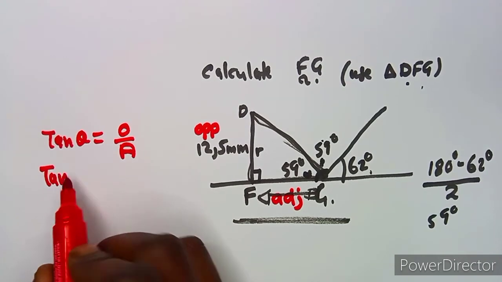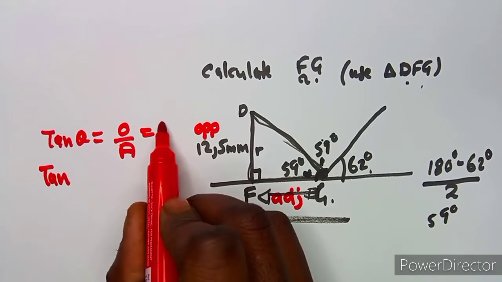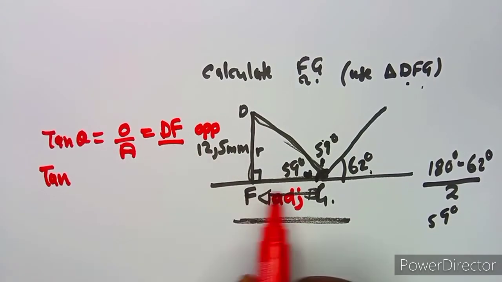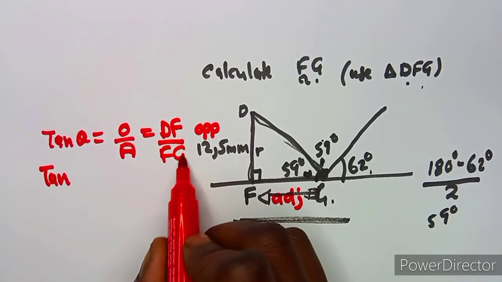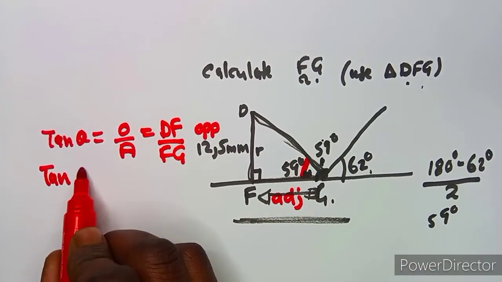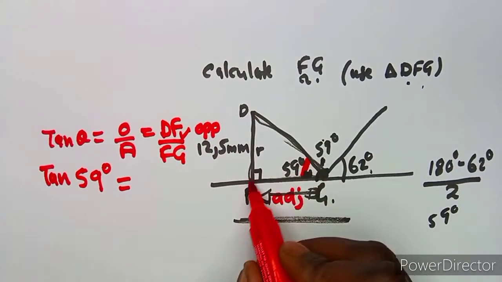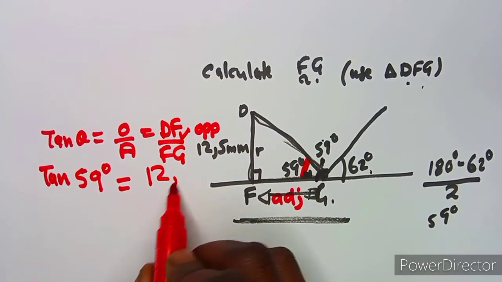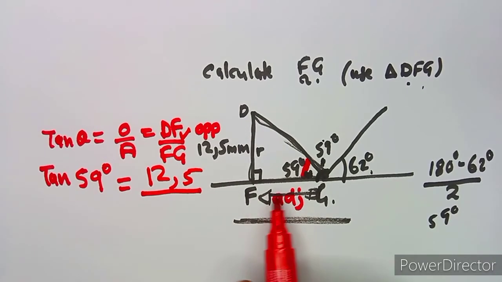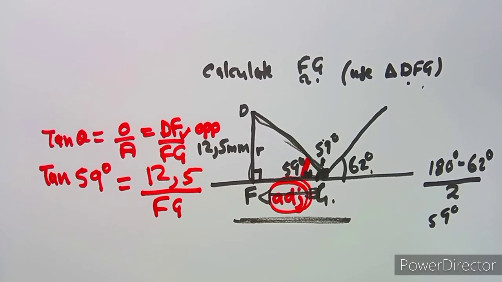So that's tan theta, which is our opposite in this case, this side DF, over the adjacent, which is FG. So we can have tan 59 degrees is equal to DF, which is 12,5, over the adjacent side, which is the one that we want to calculate, FG.